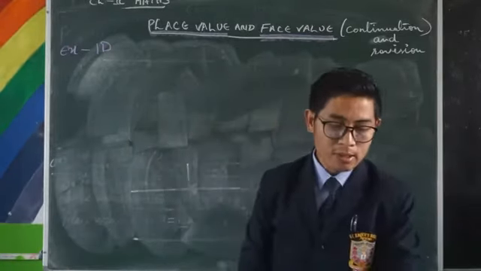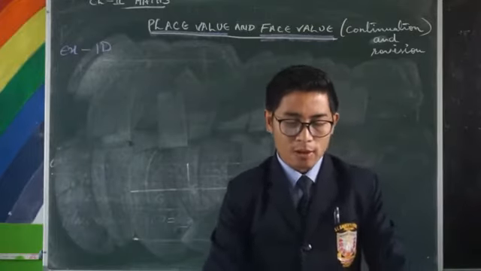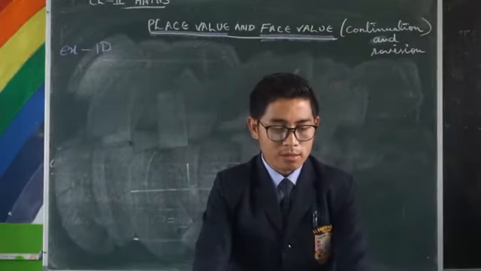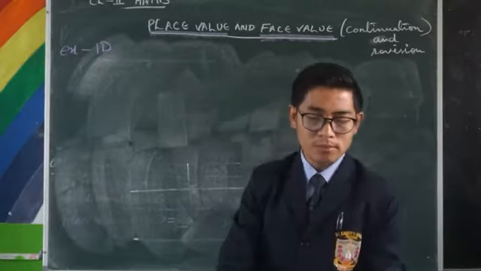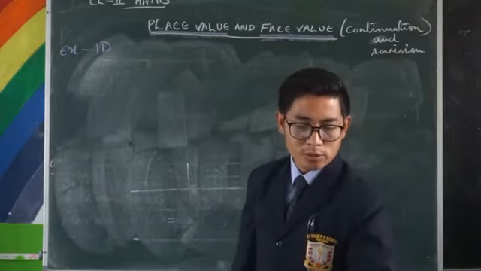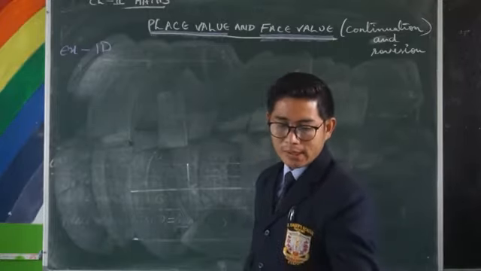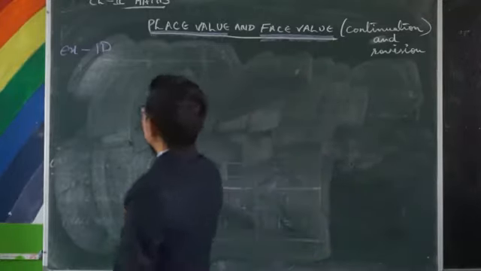The question is, write the place value of each encircled digit. I'm going to do some sums and the rest you do at home.